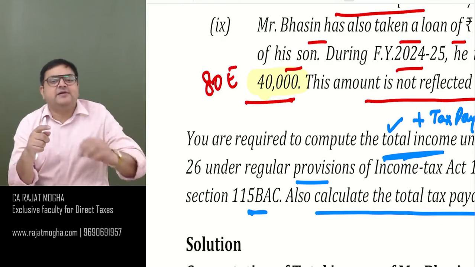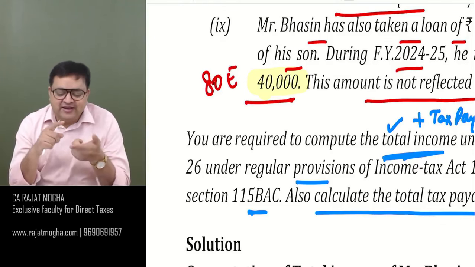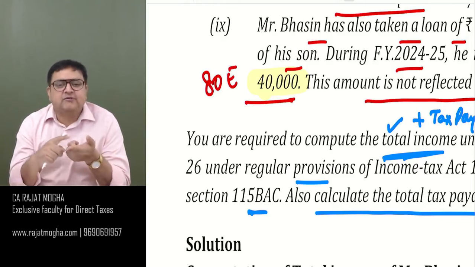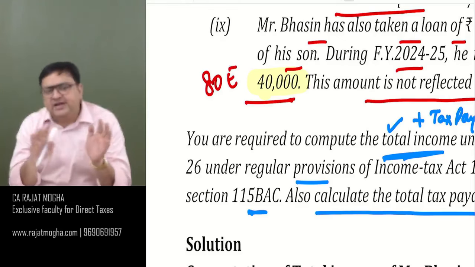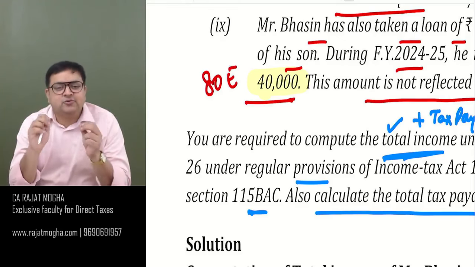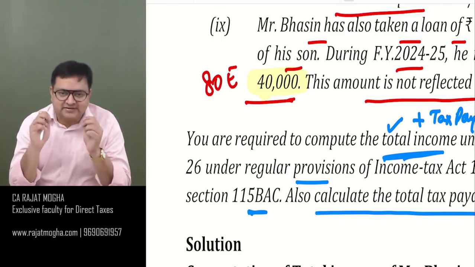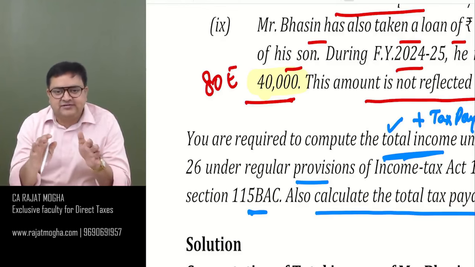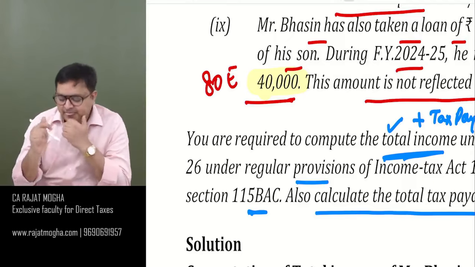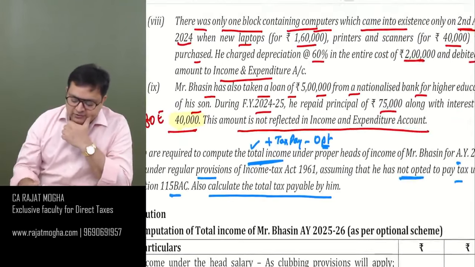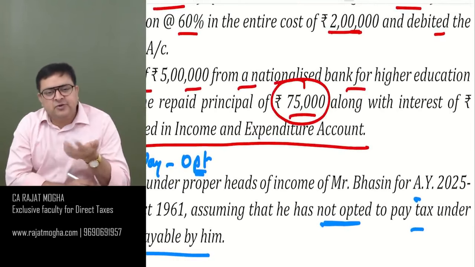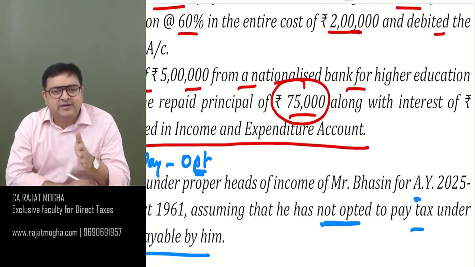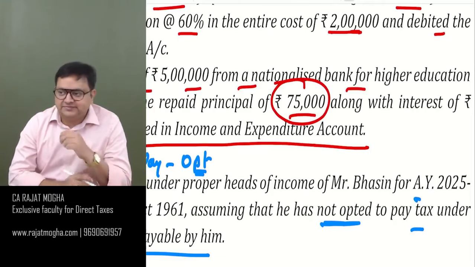In 80C, I'm again repeating, if you have taken a loan for repair, renovation, reconstruction, you will not get even 80C. 80C is only and only for purchase and construction of the housing loan. So here they are confusing you. Some students will get confused and say, okay, sir, we have paid principal repayment also, let us give 80C. No, please remember, it is only for the house, purchase, construction. That's it.